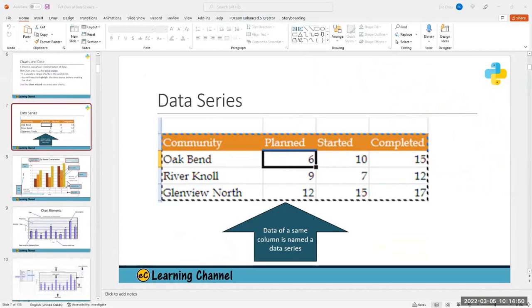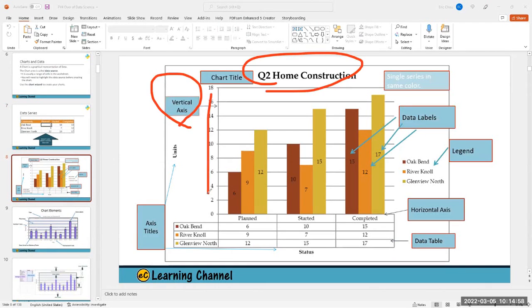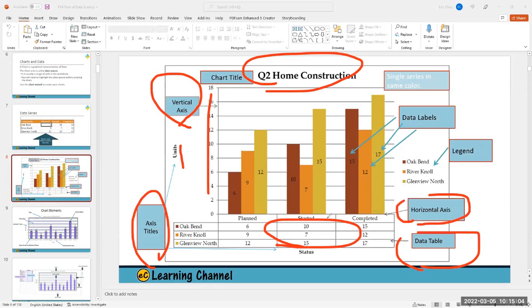The important thing is the chart is like this. You have the chart title here, the vertical axis title, the data table on the bottom, and the horizontal axis. The data label is the label put over here. If they use a triangle, that's called a marker. The legend is this portion.